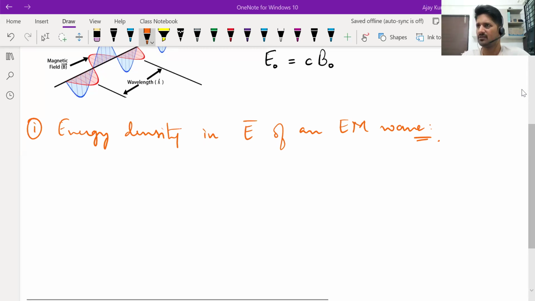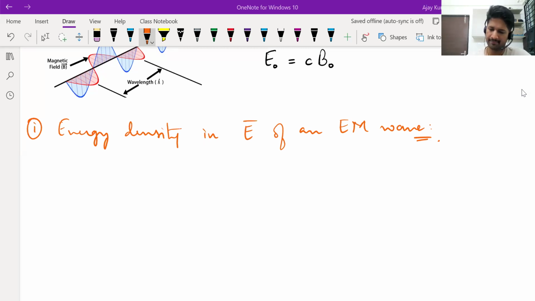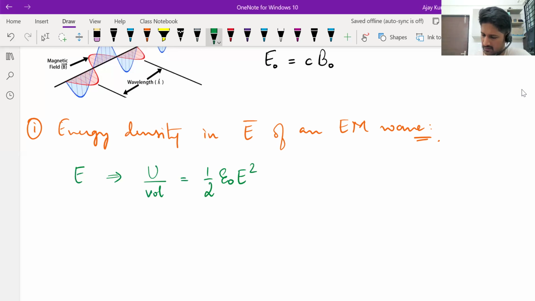We had derived this long back when we discussed the parallel plate capacitor. If the electric field is E, then how much is the energy density in that electric field? Okay, it is half epsilon naught E square, assuming the medium is vacuum.